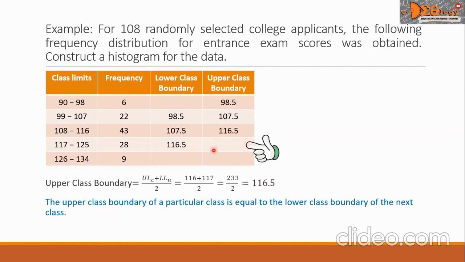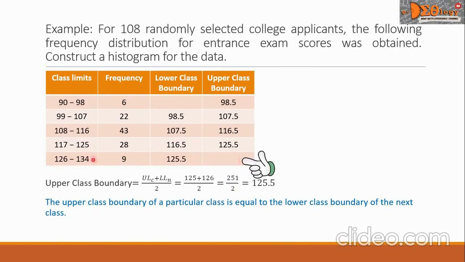Then, let us compute for the upper class boundary of the fourth class. We have 125 plus 126 divided by 2. And that is equal to 251 over 2. And the quotient is 125.5. This value we will copy in here. Also, this 125.5 is the lower class boundary of the next class. And there we go.